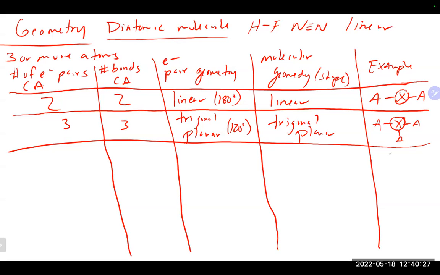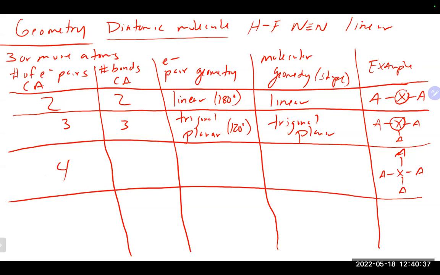We then had a situation where we had 4 things attached here. 4 electron pairs, 4 bonds. That is tetrahedral, and tetrahedral for both names. It's got a bond angle of about 109.5 degrees.